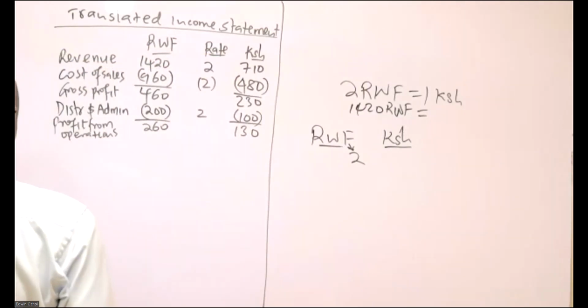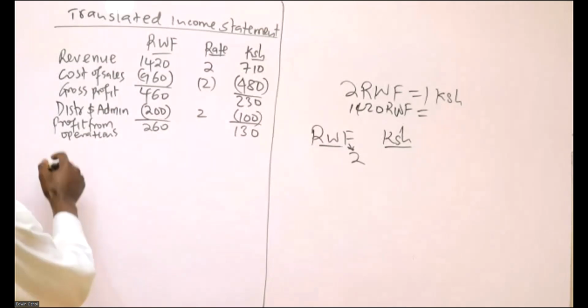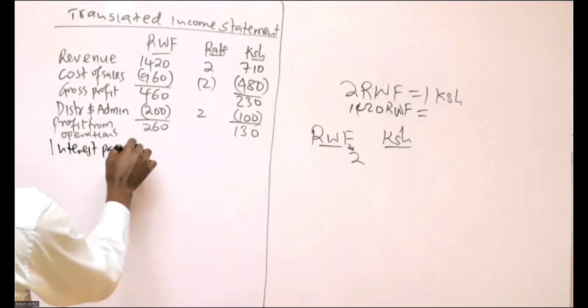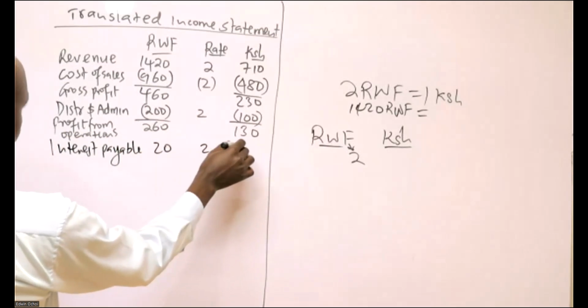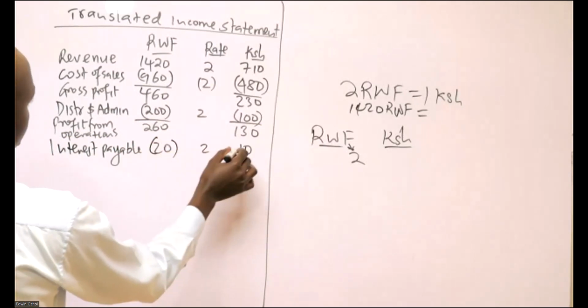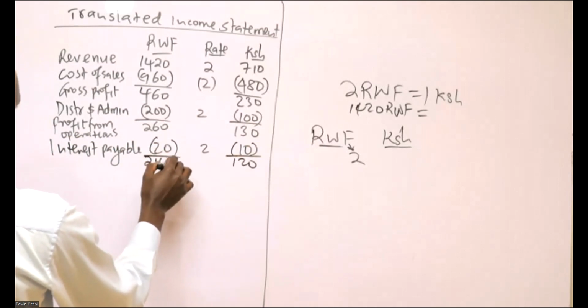We have which item? Interest receivable. So we have interest payable because receivable is not on the side of S. Interest payable was 20, divided by 2 is 10. So we minus, this is 120. This one was 240.